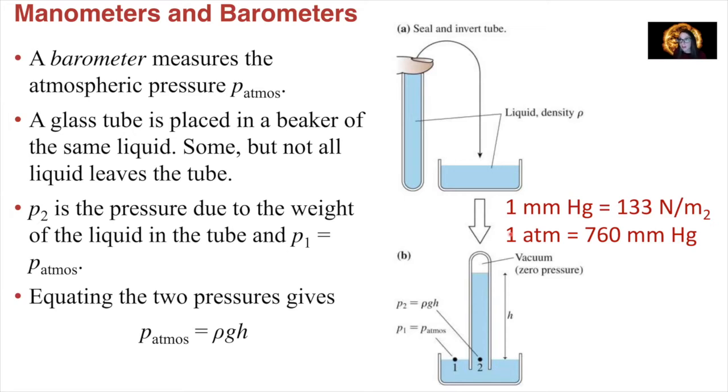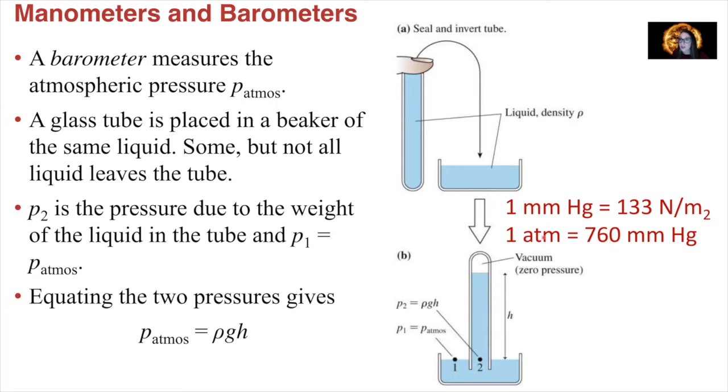That comes about from an experiment. Originally, when barometers were created, they were created with mercury, and for standard atmospheric pressure pushing down right here, they found that the column of mercury inside this tube rose to a height of 760 millimeters.